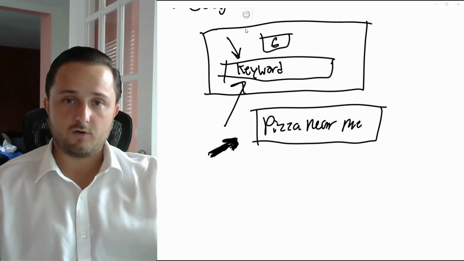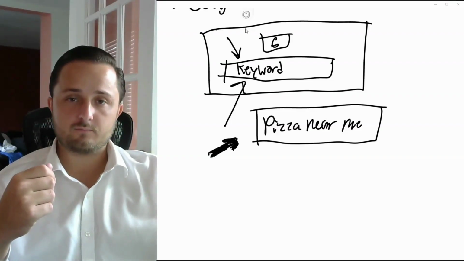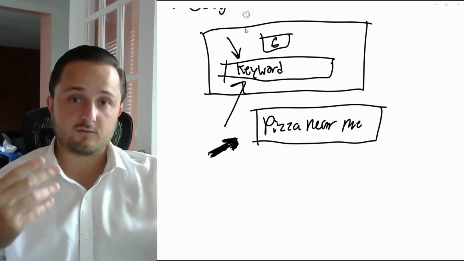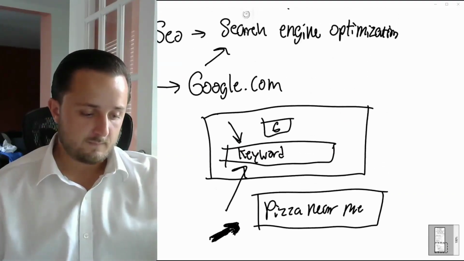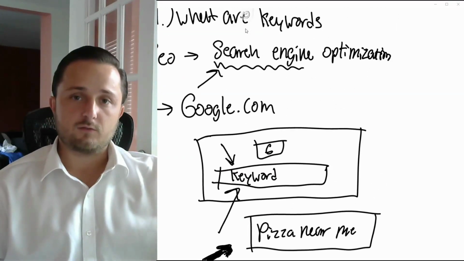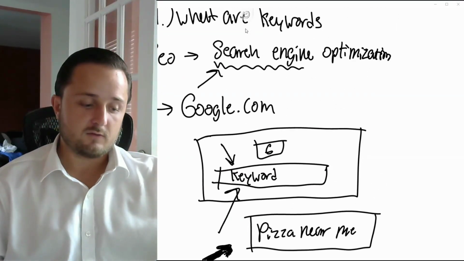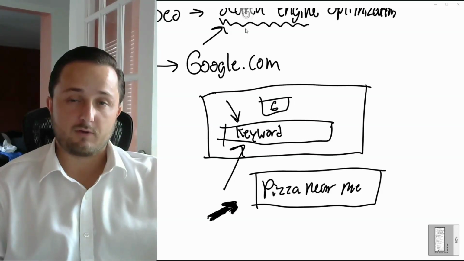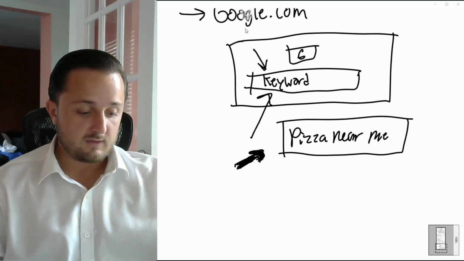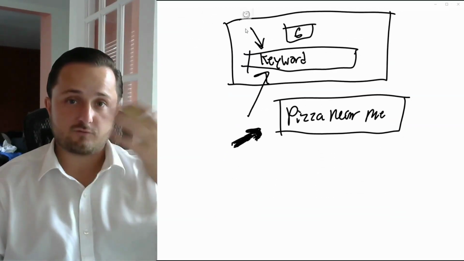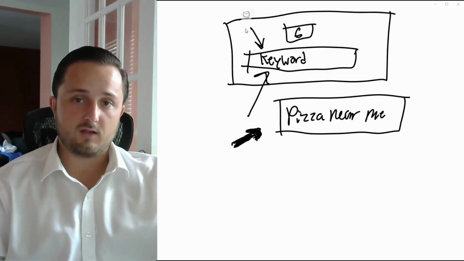So then you go on your phone, or you open Google Chrome, or you open Safari. Safari is also a search engine. You've also got Firefox. Safari and Firefox are more like browsers, but they also can be used to search for services or products online.